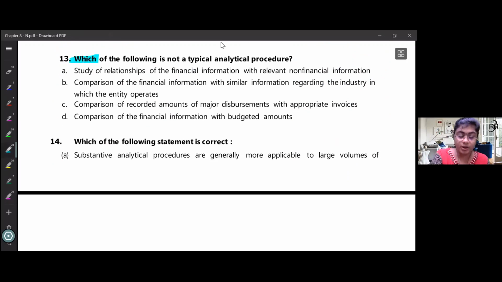Next one. Which of the following is not a type of analytical procedure? From this, you have to identify one which is not an analytical procedure. Study of relationship of financial and non-financial. It is analytical, no. Plausible relationship between financial and non-financial.